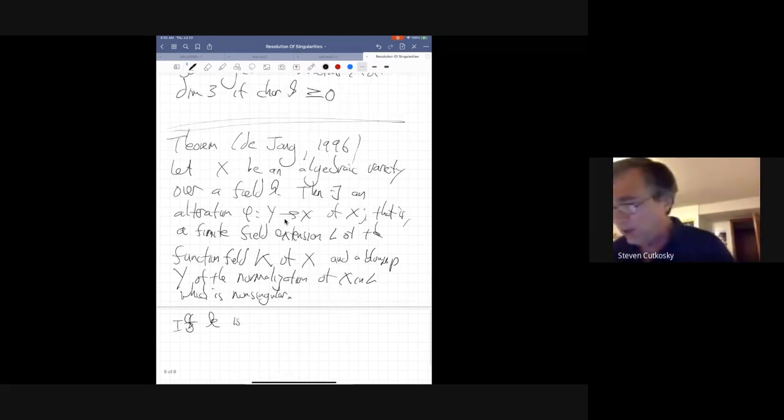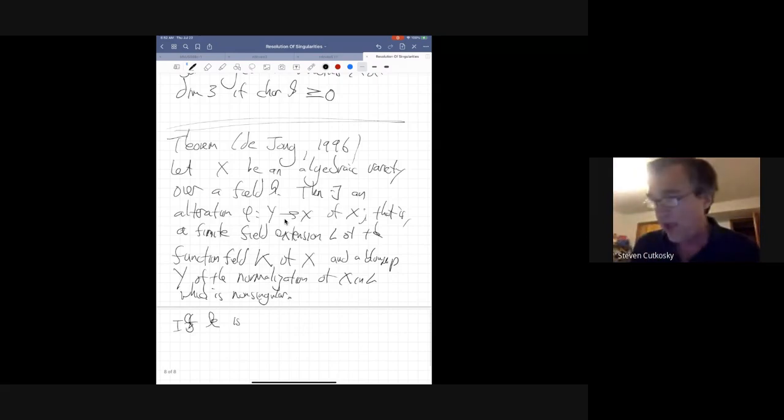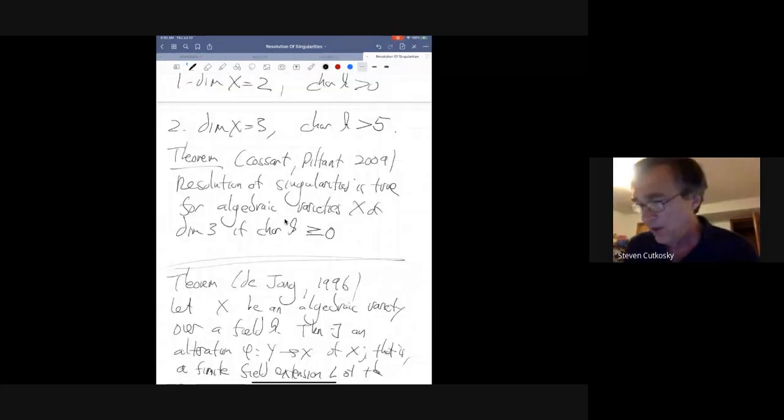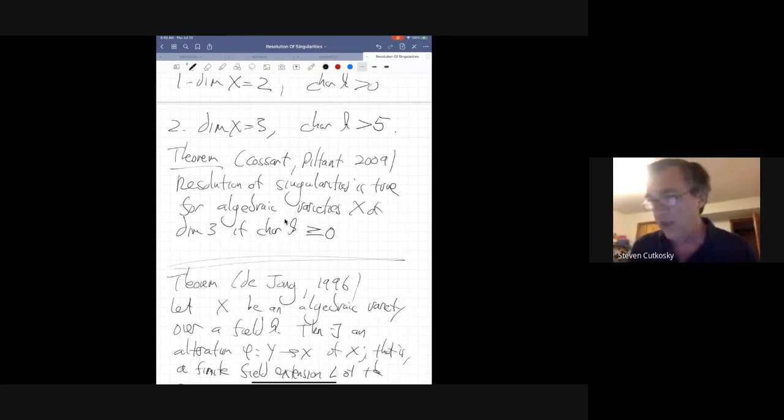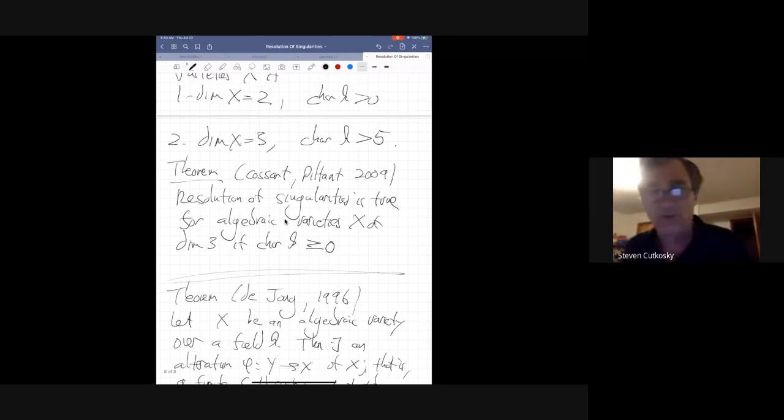But yeah, in this result by Cossart and Piltant, what they do is they use Abhyankar's methods to reduce to the case, and in fact you need to use embedded resolution of singularities for surfaces, which Abhyankar did prove. They use his methods from ramification theory and valuations, which Abhyankar used in his proof of resolution for surfaces.